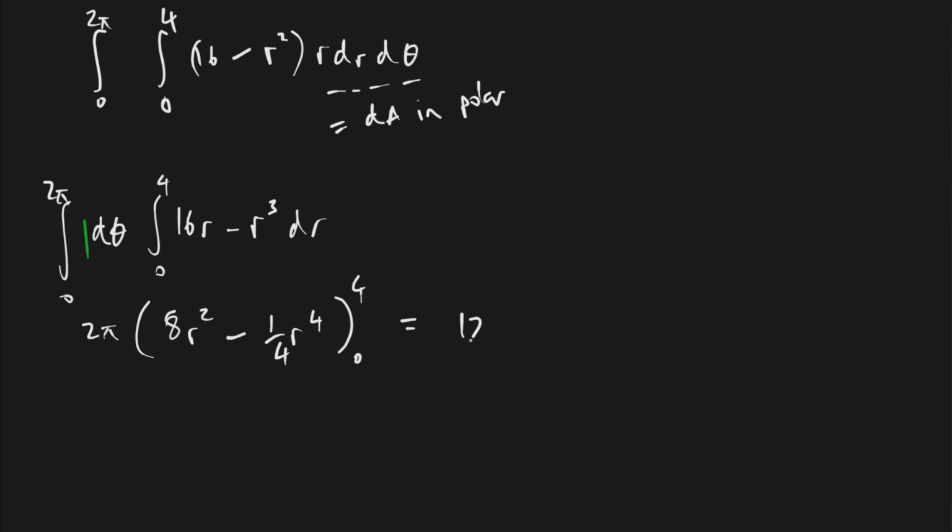So 128 minus 4 to the power of 4 over 4, so it's 4 cubed, minus 64, multiplied by 2 pi. So what we get is simply 64 times 2 pi, which is 128 pi, and that is our final answer.